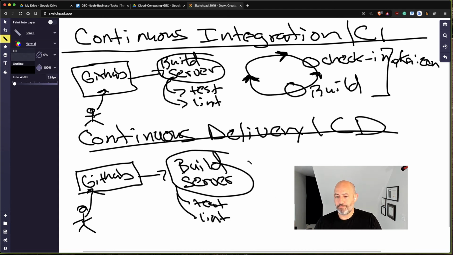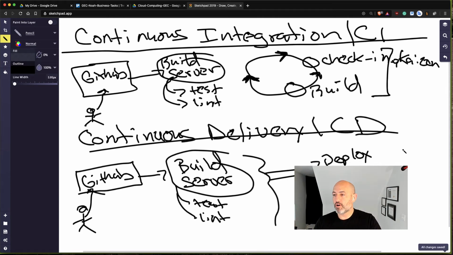If the code passes, then what happens is that it will deploy the code to an environment. And this is also where the cloud comes in, is that typically this deploy step is actually possible because the source code itself contains the infrastructure.